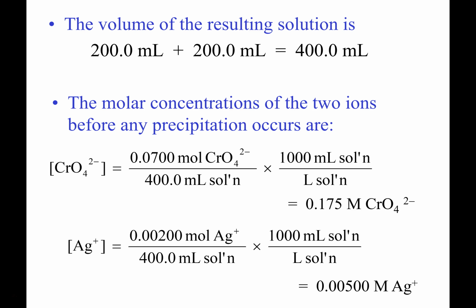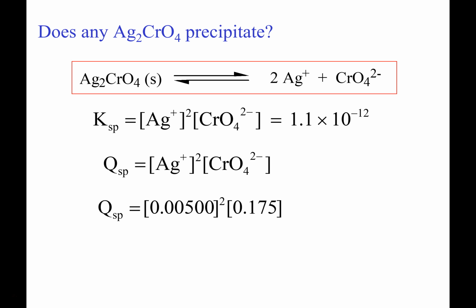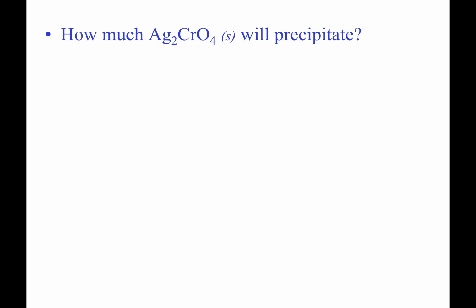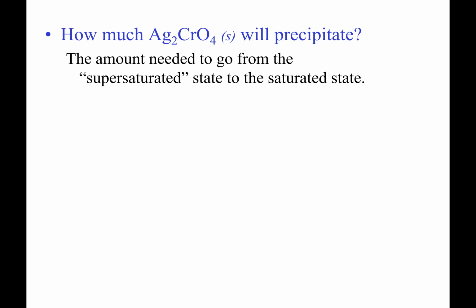Now, there is a follow-up question. And the follow-up question is, how much of the silver chromate will precipitate? We're assuming that it's beyond saturation.